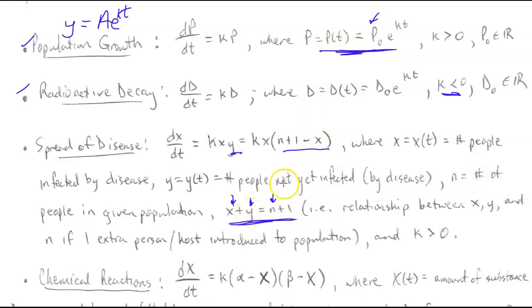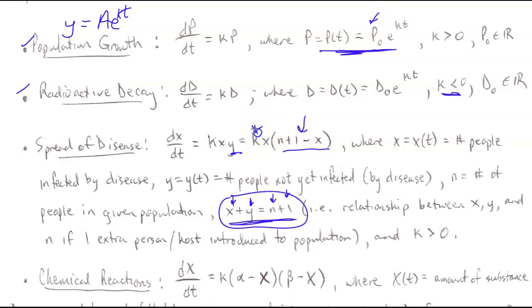And so what we're assuming here is that if we added another person to the population to try to see the growth of the spread of that disease, how would all that relate to each other? And of course, if we take this equation and solve it for y, we end up with n plus 1 minus x. So that's how we get that. And so, of course, here, the spread of the disease, since the number of people that are getting the disease, we expect it to increase.